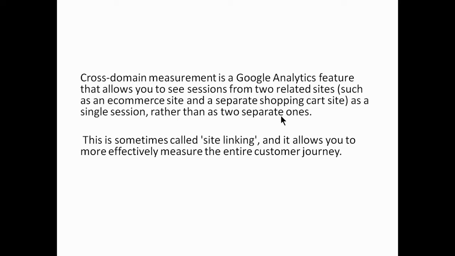What Google Analytics does is count it as two separate sessions, and count you as two unique users, two different users. But it is not correct. You are a single user accessing different domains at the same time. So it is a problem which we face here, and this is called cross domain tracking.